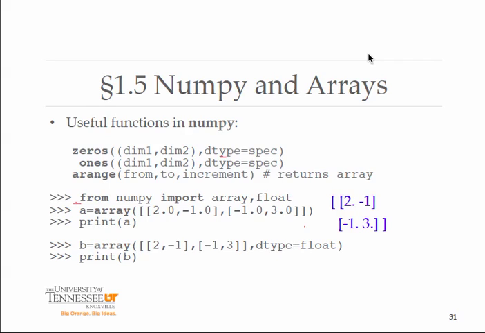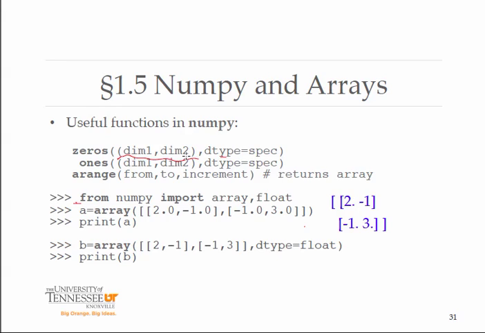As you see on the screen, the first functions, zeros, ones, and arange, are functions provided in Numpy. Zeros is a particular way of initializing an array to be all 0 elements. The name of the function is zeros, and you'll notice the parameter list is indicated. Actually, the very first parameter of zeros as well as ones is a tuple.